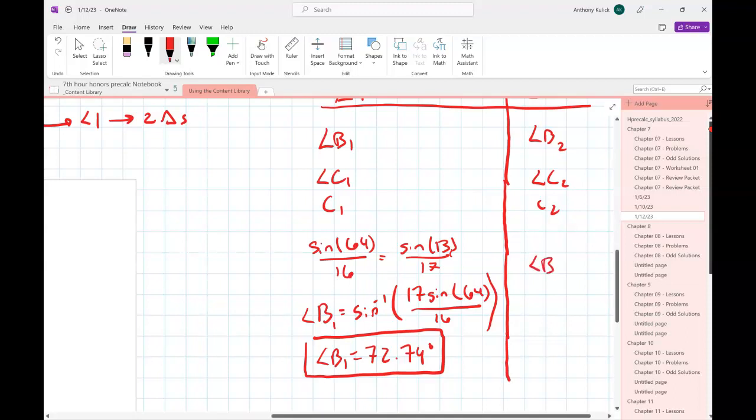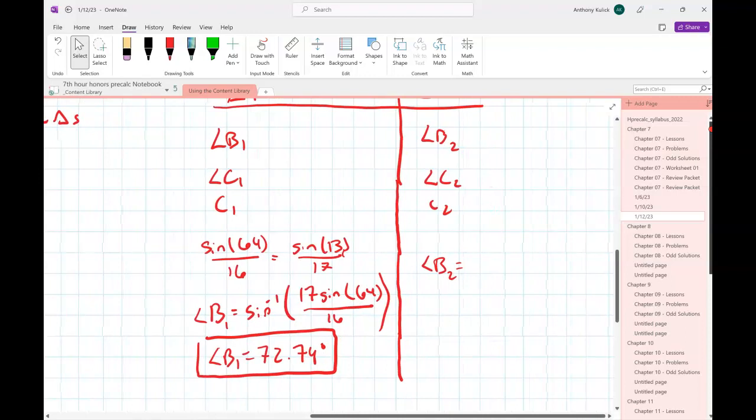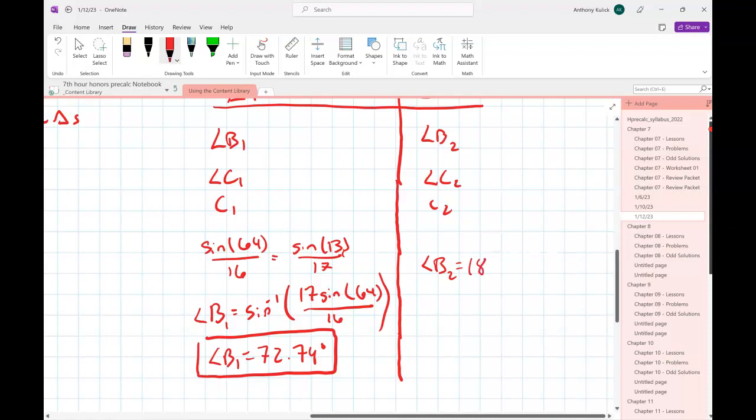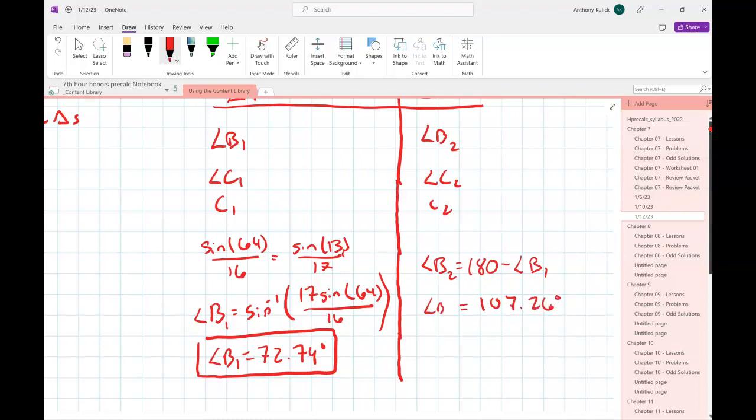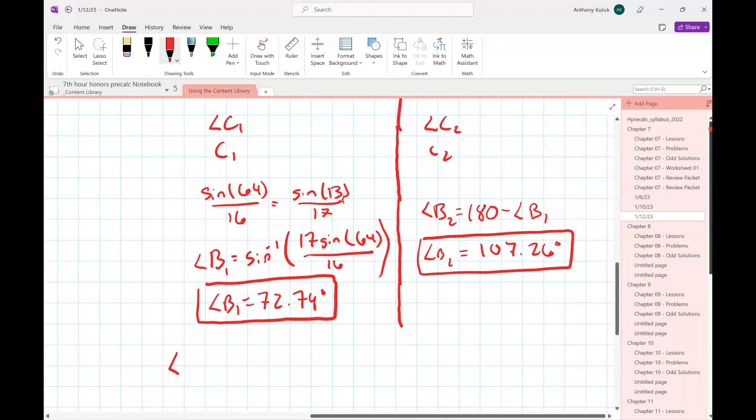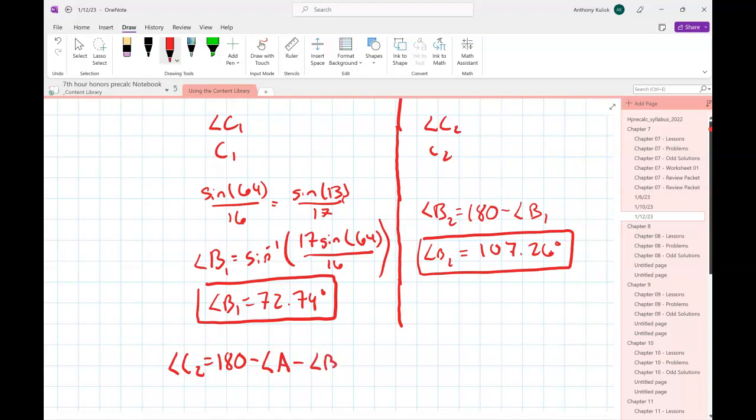Now in triangle 2, there's a relationship between angle B1 and angle B2, in that those two angles need to be supplementary. So that's going to be what? 107.26. Now that I have angles A and B, I can just do a triangle sum thing to figure those out.